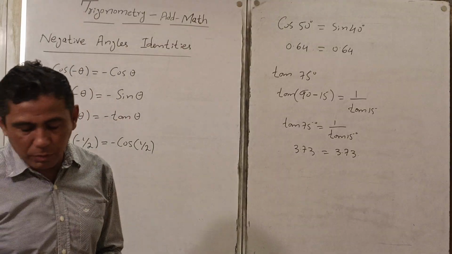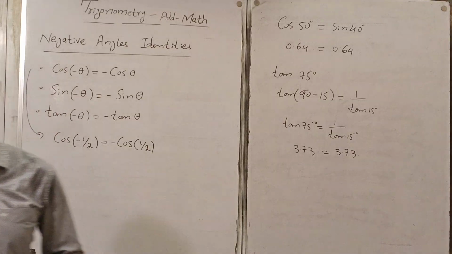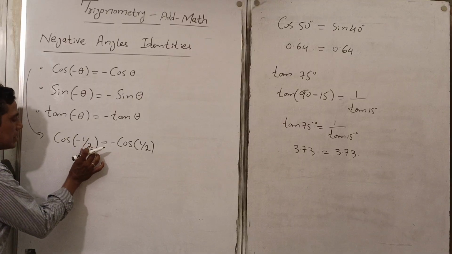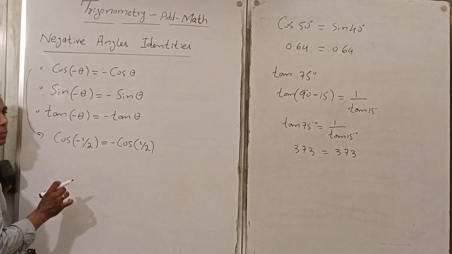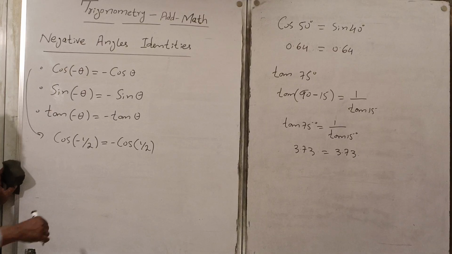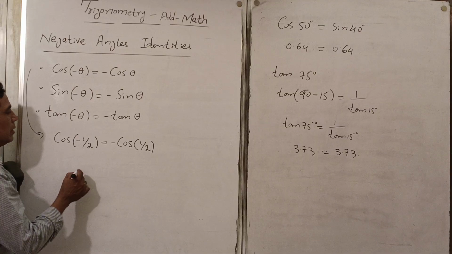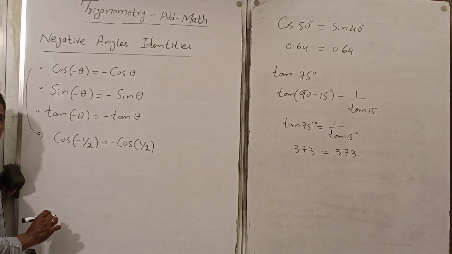One important thing: when we calculate the minus here, we consider it as a positive value. When we take the angle, we take the positive angle. So calculate cos 1 over 2, what is the answer? 0.99. After that, just put the minus sign.